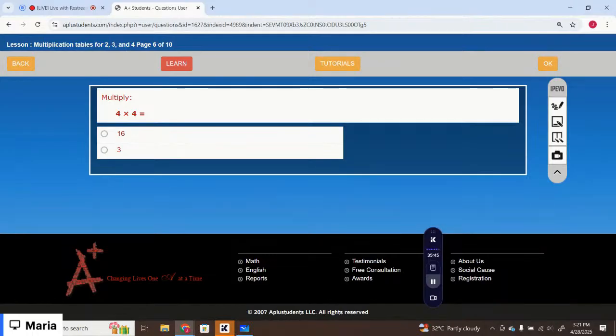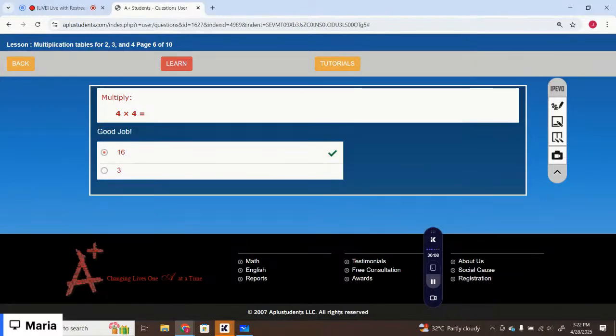Four times 4 equals 16. Option number 1 is the correct option. That is 16.